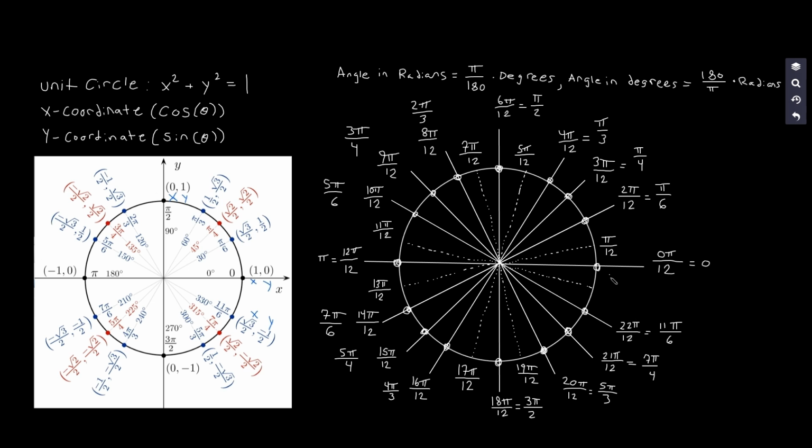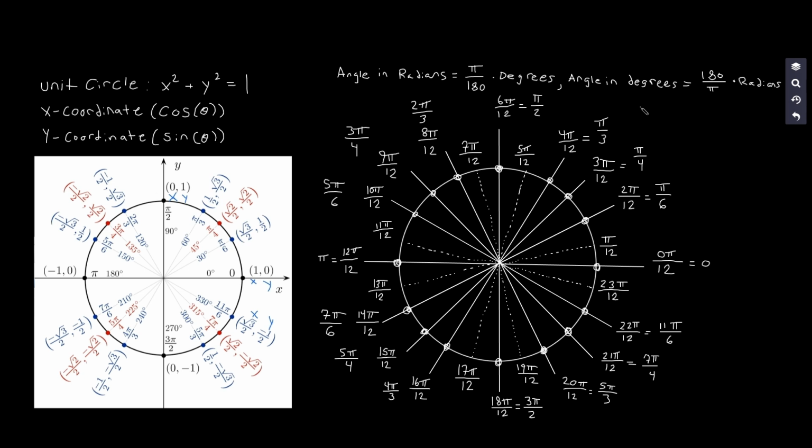Let's see, 22 pi over 12, that's going to bring us to 23 pi over 12. All right, that's how you can create your unit circle from scratch relative to the radians measurements. And if you have the measurements for radians, then you can get the angles in degrees as well using our simple conversion formulas.